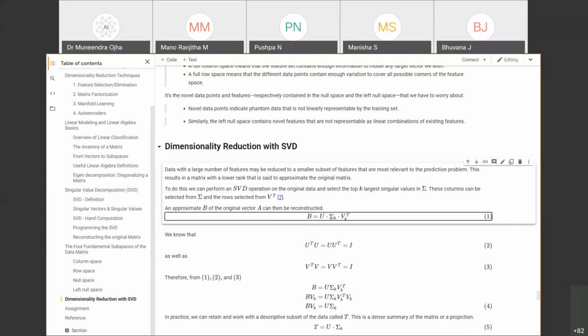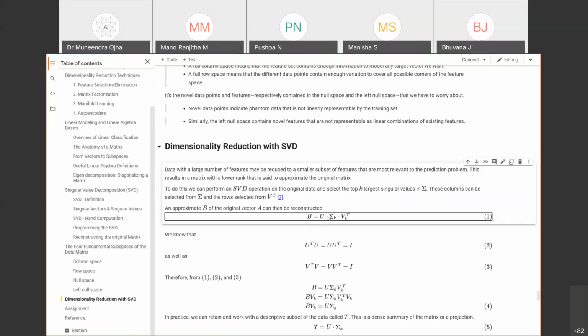Significant sized means, suppose some singular values are 10, 20, 30, 40, and there is a singular value like 0.2 or 0.31. Then with respect to a singular value of 50, a singular value of 0.1 can safely be ignored. Even if it is non-zero, I can ignore it.